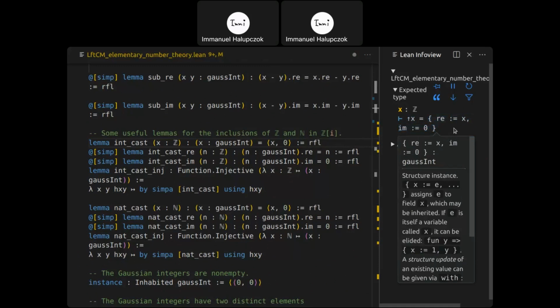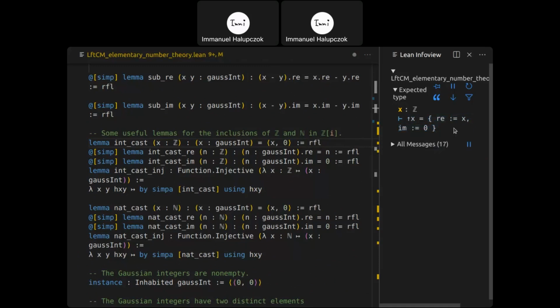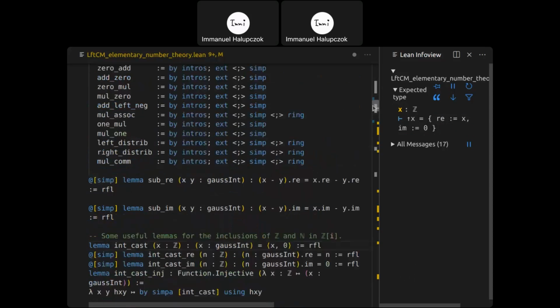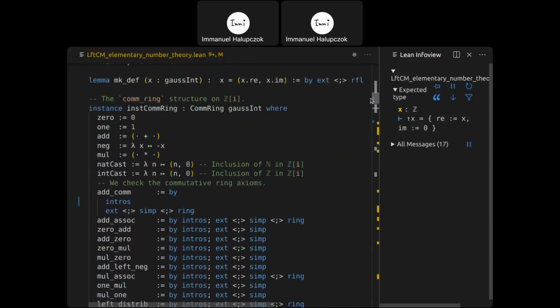So this lemma is saying that the cast is actually this one. Yes, exactly. Where did the cast come from? Whenever you have a ring, part of the data is how to cast a natural number and how to cast an integer. That's where the coercion is coming from.